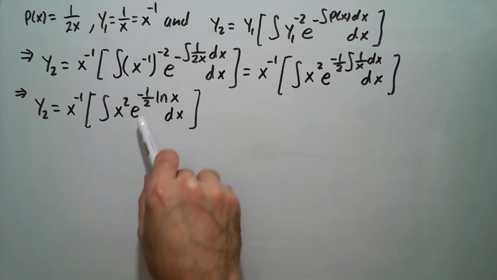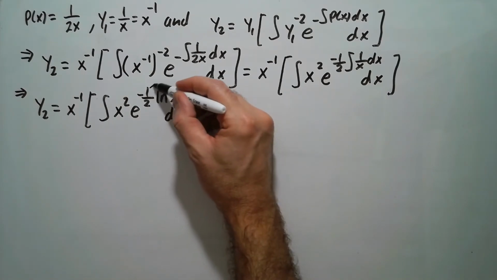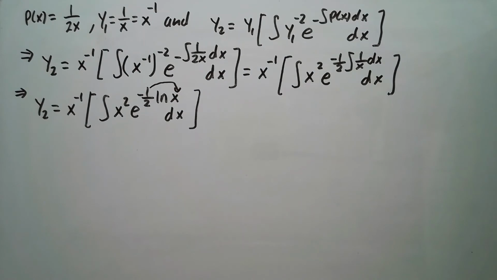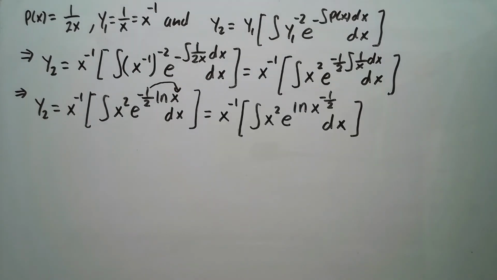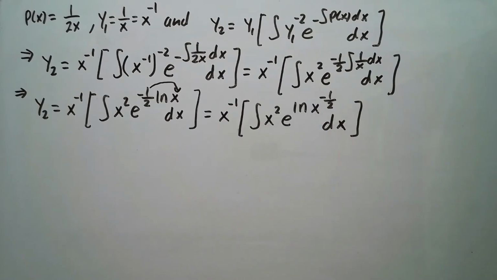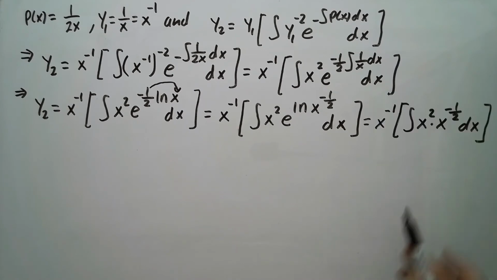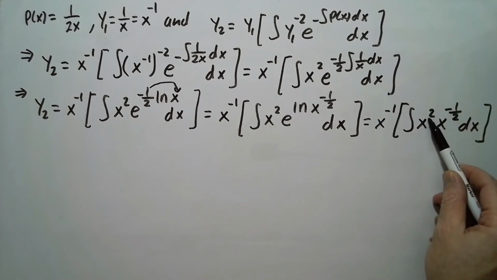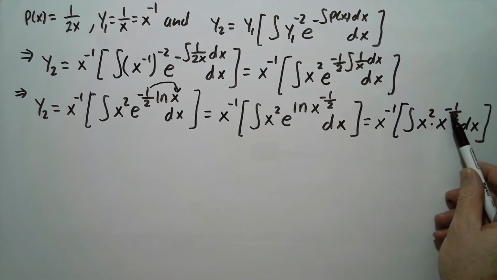Okay, and let's bring this negative 1/2 now up to the exponent on the x. So we get this, and now the e and the ln will cancel out here. So we get this, and then we can add the exponents, so 2 minus 1/2 would be 3/2.